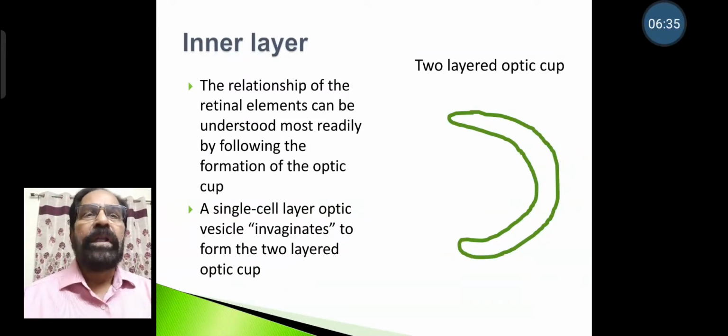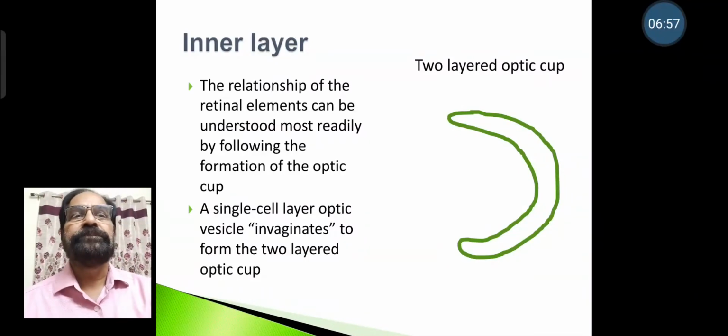Then we go to embryology. The relationship of the retinal elements can be understood most readily by following the formation of the optic cup. A single layer optic vesicle invaginates to form, as you are seeing, a double layered optic cup.